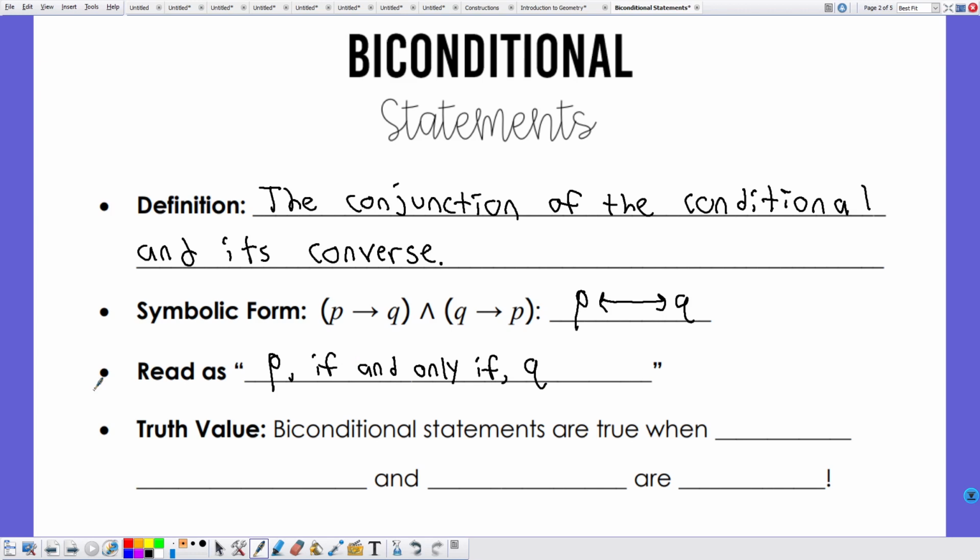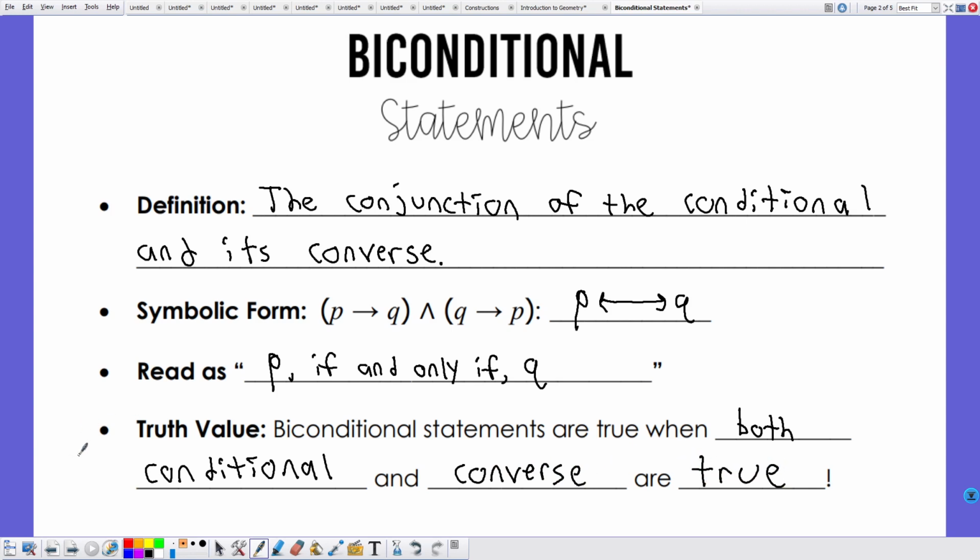So what does that mean? Well, it kind of helps us understand what we need for a biconditional statement to have truth value. So biconditional statements are true when, and it's a conjunction, so when both the conditional and the converse are true.